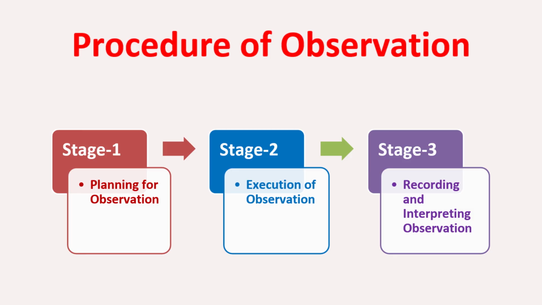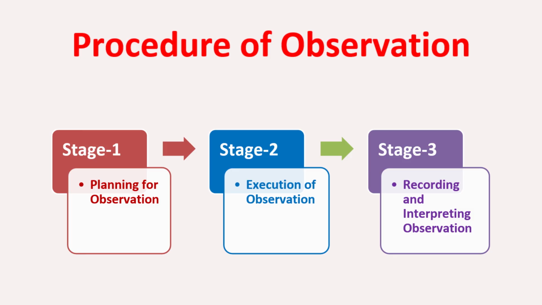And in stage 2, so far as the procedure of observation is concerned, this stage focuses upon execution of the observation, meaning after proper planning the real observation will be conducted in the second stage. And in the third stage, recording and interpretation of the observation will be conducted. Whatever is observed, it may be participant observation, it may be non-participant observation.